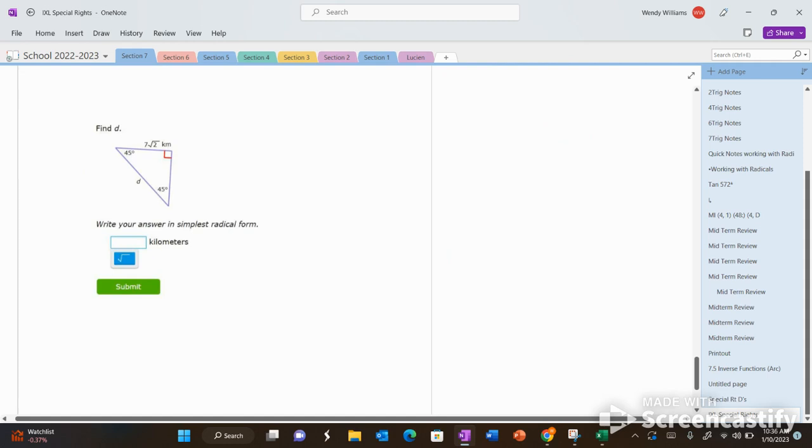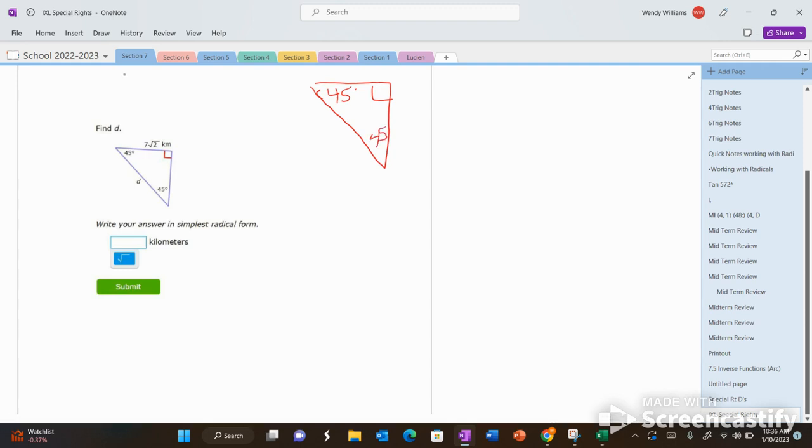Okay, here's a 45, 45, 90. Again, you either have the picture drawn on your paper where the legs are the same, so that's a 1 to 1 ratio, and the hypotenuse takes the leg 1 and multiplies it by the square root of 2.